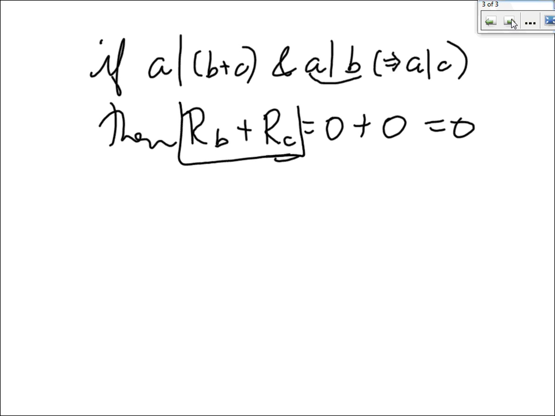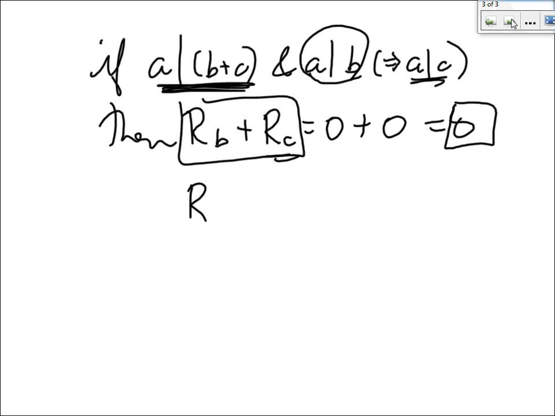So if A goes into the sum, either the sum of the remainders will be 0, and that only occurs if A goes into one of the numbers, which we know means both of the numbers, or you get the sum of the remainders to be A if A does not go into B, which from our previous theorem says A doesn't go into C either.